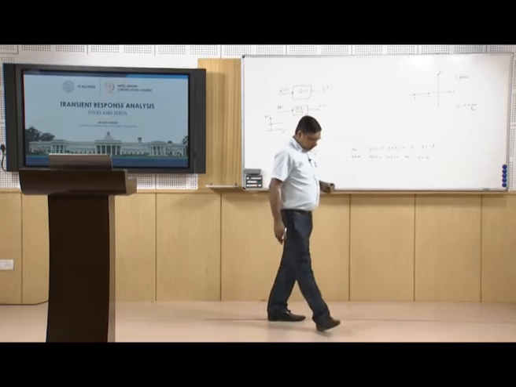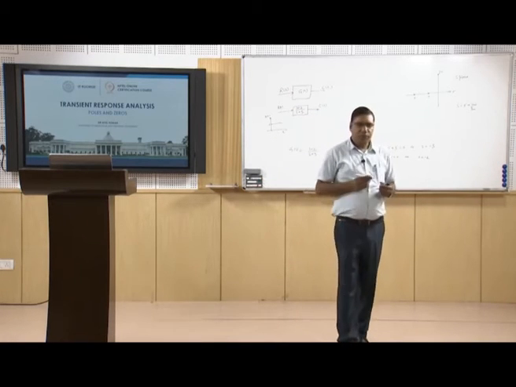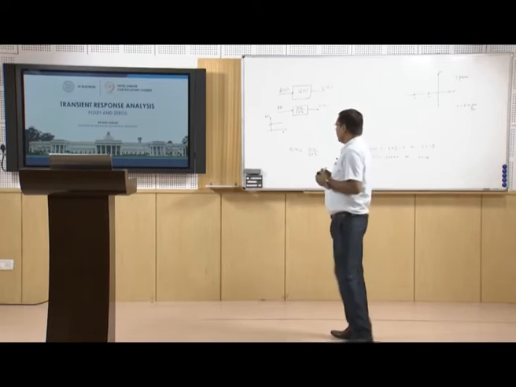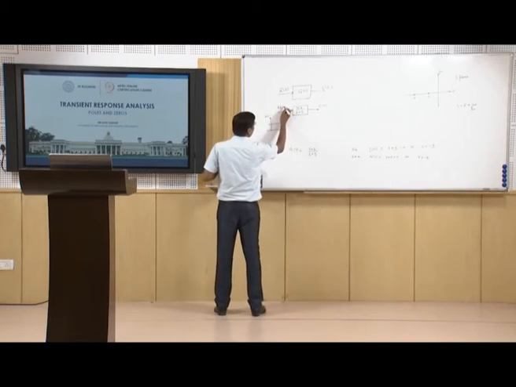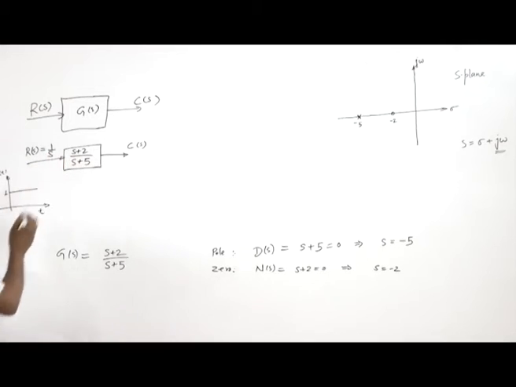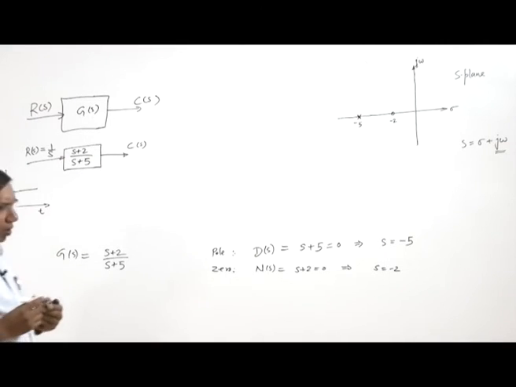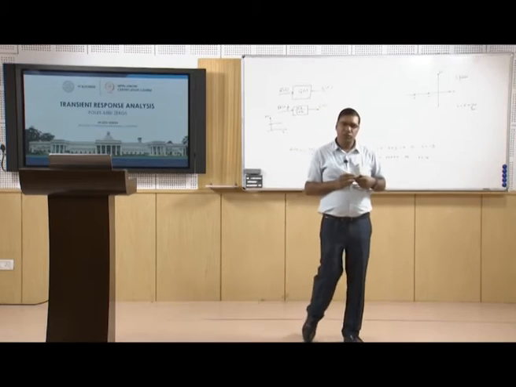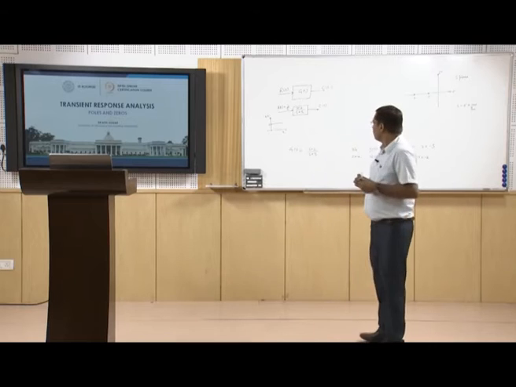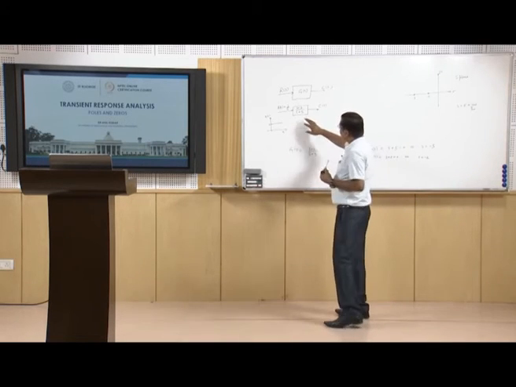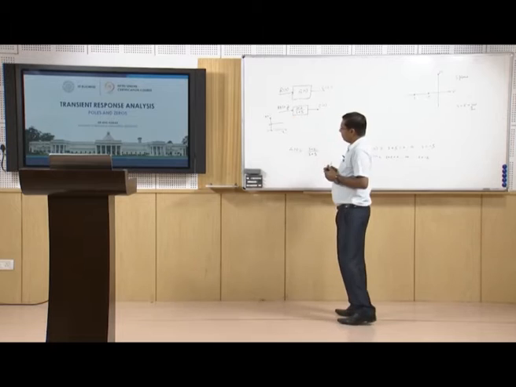And so the Laplace transform of the unit step function is 1 by S. So here R(S) equals 1 by S. Now we have to find the response of this system under this input.